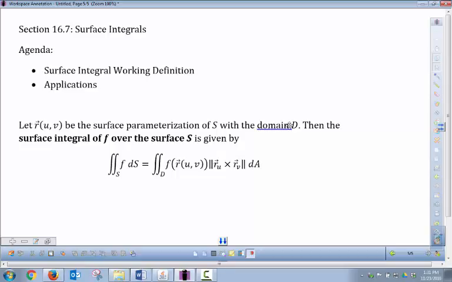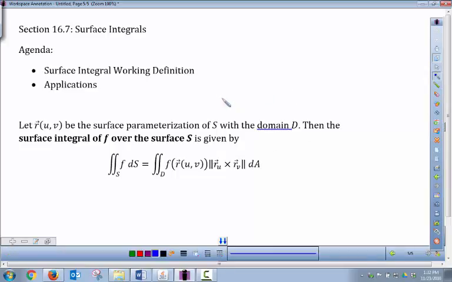Now, there's a lot of interesting geometry and theory behind this, and I kind of just jumped onto this working definition to help us compute these integrals. So I don't want to do too much of the geometric theory, although I think it's really cool. But maybe I'll do a little bit.